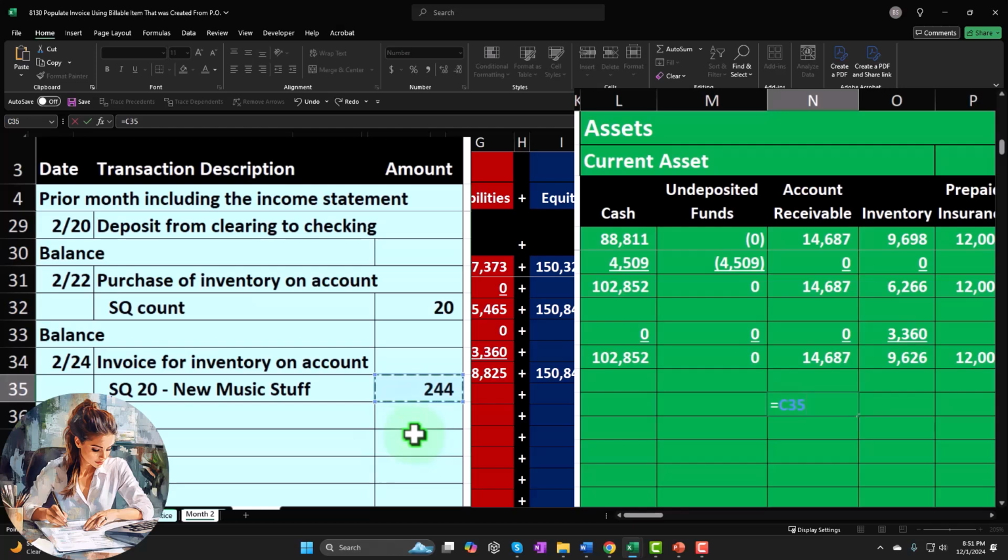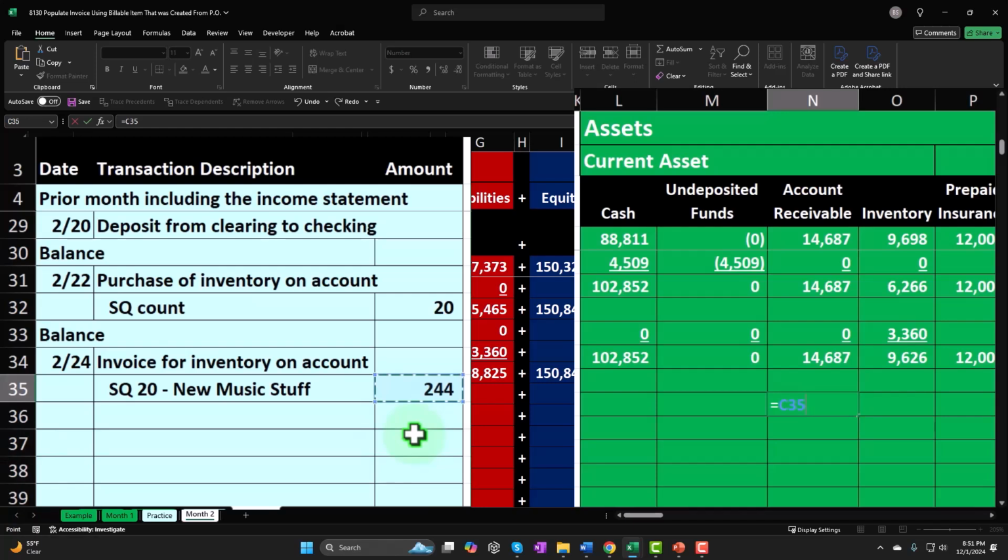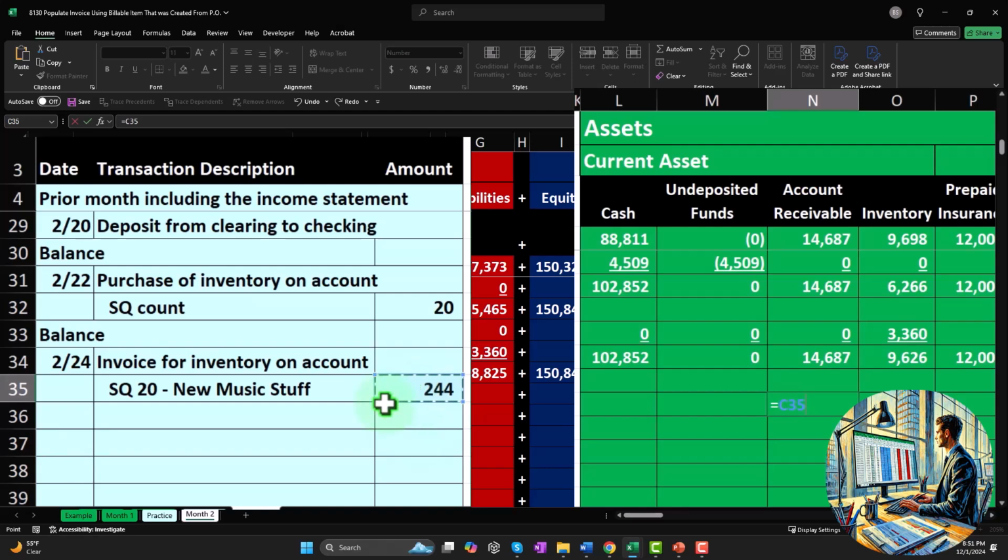The invoice itself that we will create would be the same if we created it basically from scratch, or if we linked together the purchase order to the bill to the invoice, hopefully. Just remember that if I linked the purchase order to the bill, made the billable item billable or invoiceable, meaning I'm going to use that to create the invoice, we have to be careful that the system is picking up the sales price, not the cost.